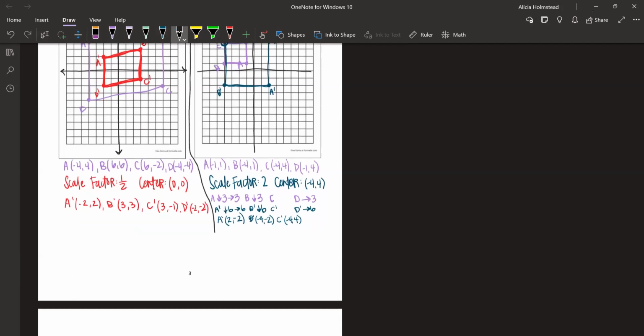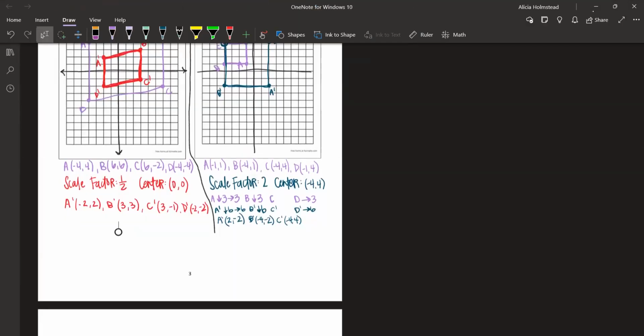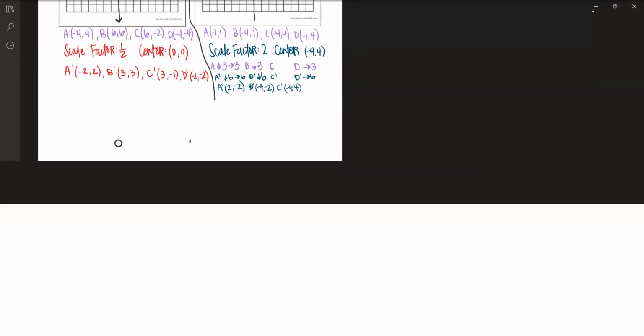So maybe if we want to make a note on the bottom of this page, sorry about that. I don't know what's happening.